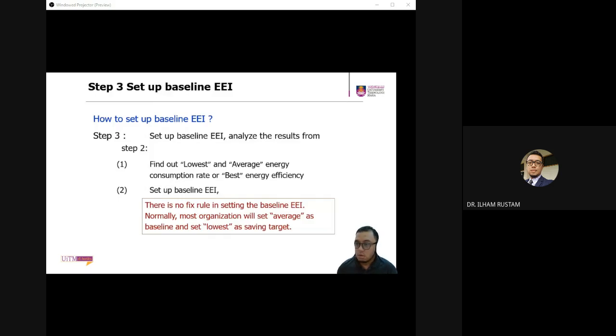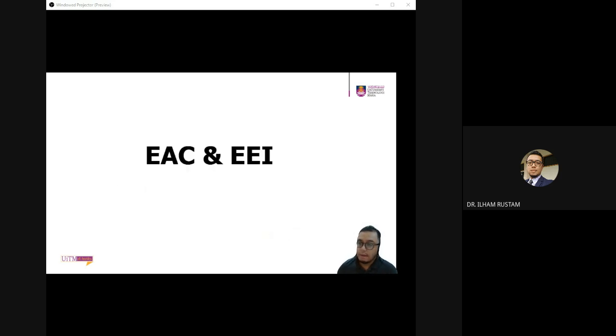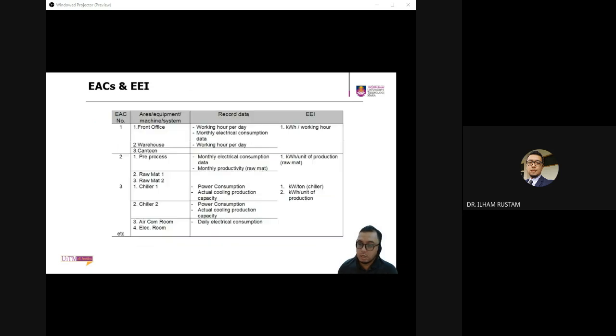So there is no fixed rule in setting up the baseline EEI, but most organizations will set the average as the baseline and the lowest as the saving target. We'll look at an example later. And EAC and EI, this was just an explanation of what kind of data is recorded. EI for front office, warehouse and canteen is the working hour.